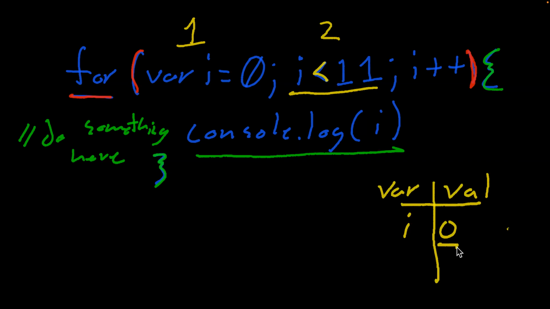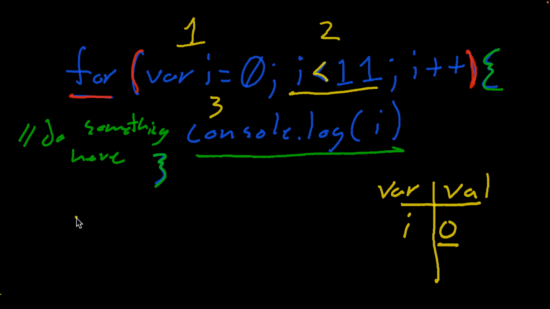Okay, in this case it is. So if it meets this qualification, then we move on to step 3. Step 3 is right here in this do something section. So we do the thing that the function asks us to do, which is to console log i.